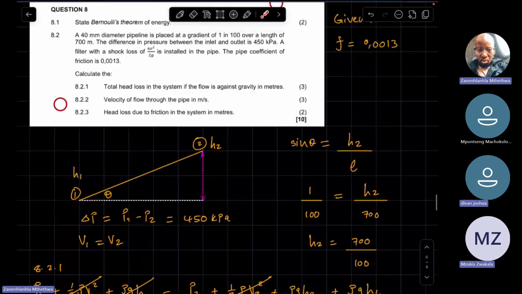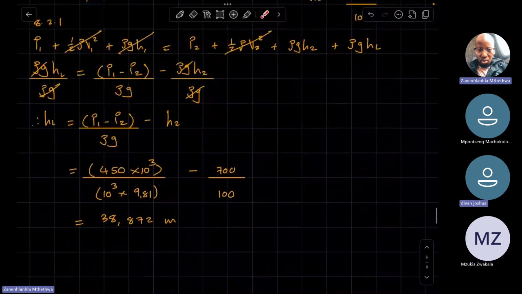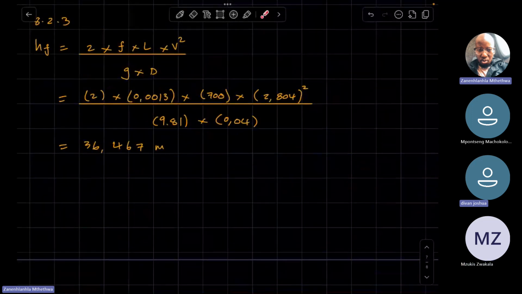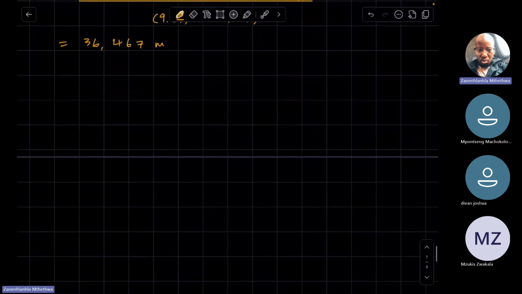All right. I just want to ask you something. The friction formula you worked out now, is that formula always the same? So there are two variations for calculating the frictional head loss.